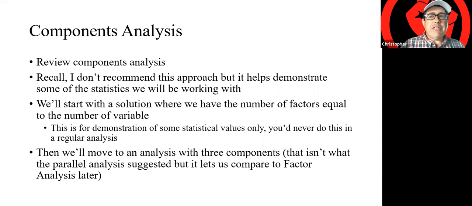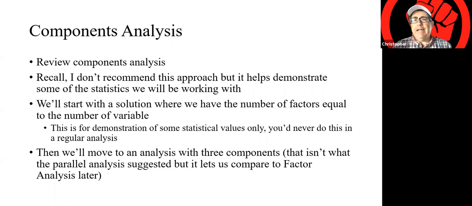Remember, with factor analysis, we're looking to group variables together. So to me, it makes a lot of sense to focus on that common variability, because that's really what we're looking for, and that's going to be more stable. I'm going to do a couple of things here that we wouldn't normally do in analyzing data, more to just demonstrate some of the statistics we're working with. We're going to start with a solution where we have the number of factors, or the number of components, equal to the number of variables that we have.